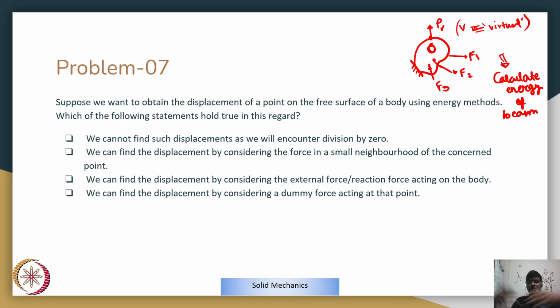Suppose this particular problem is for a beam, and this is the point O. I'll assume some load PV here, say vertical, and this is the externally applied load F. Using this PV, I calculate the total energy stored in the beam due to both the applied force and the virtual force. Once I've calculated the energy of the beam, I apply Castigliano's theorem.